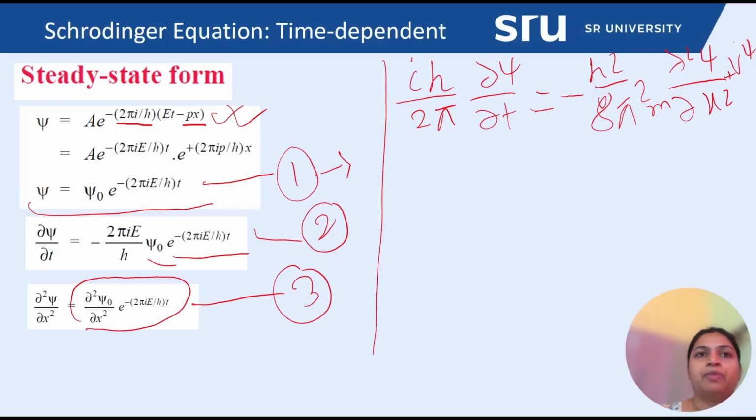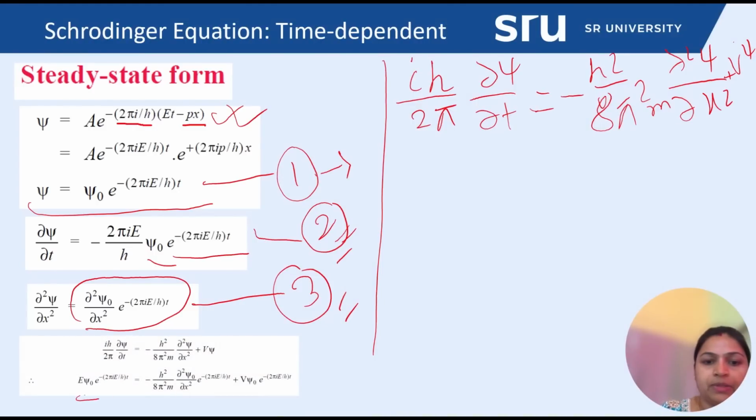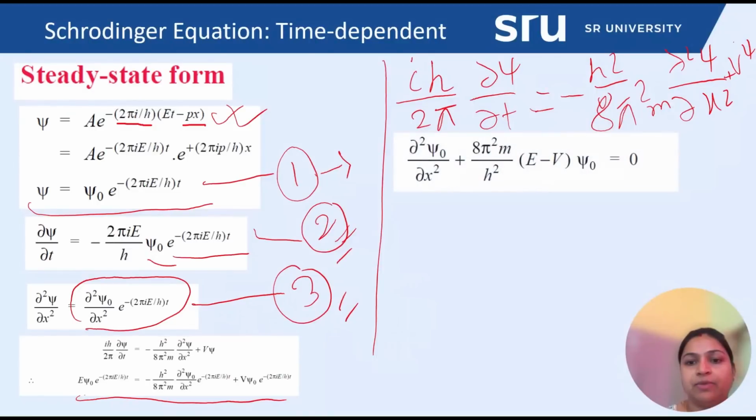If we use this equation and substitute these values of equation 2 and equation 3, one can get, after reformulating, del square psi naught divided by del x square plus 8 pi square m by h square (E minus V) psi naught equal to 0.